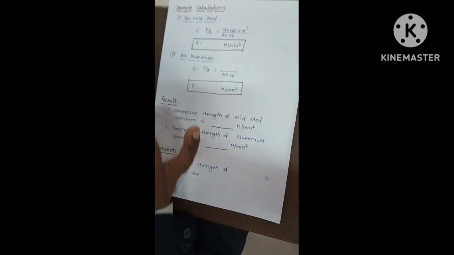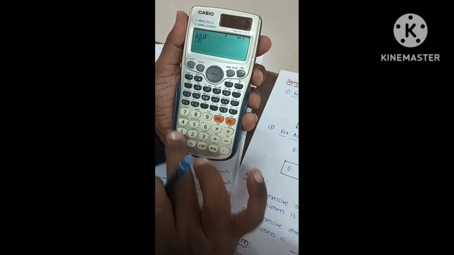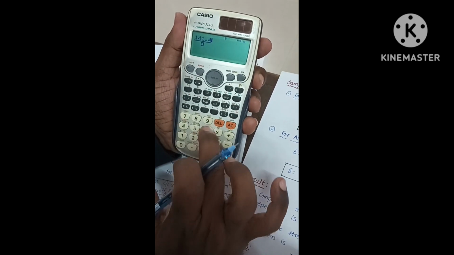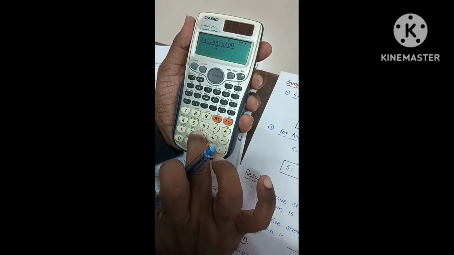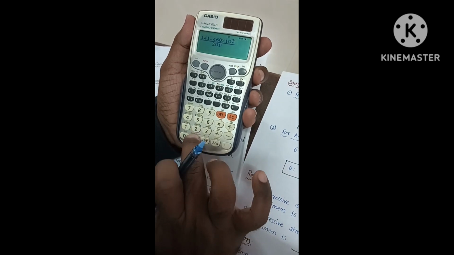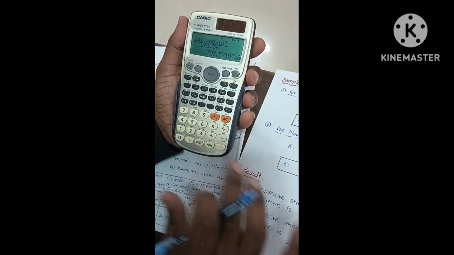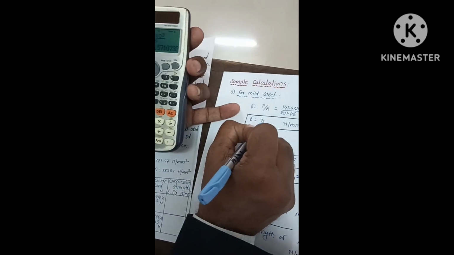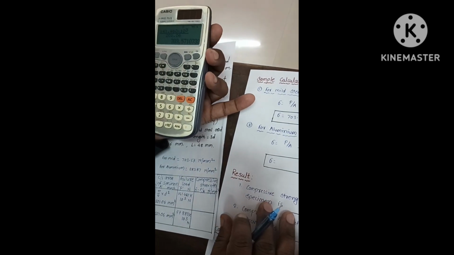Now we will do the calculation. 141.460 into 10 raised to 3 divided by 201.06 will give 703.57 Newton per mm square.